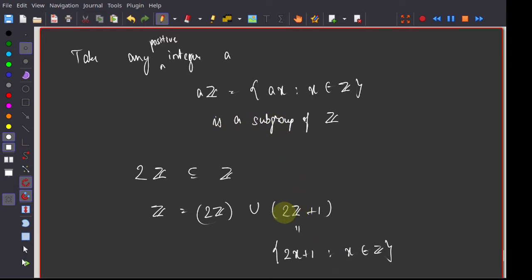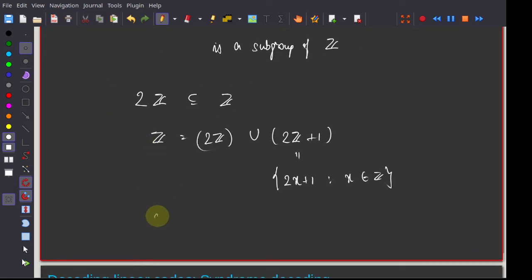So these are what are called cosets. Given any group and a subgroup, these two sets are called cosets of that subgroup in that particular group. So 2Z plus 1 and 2Z are cosets of 2Z.